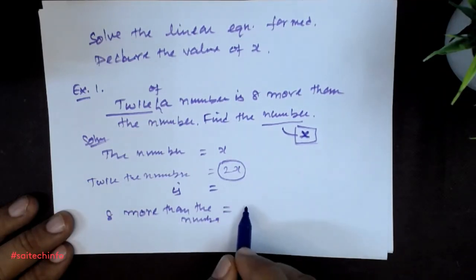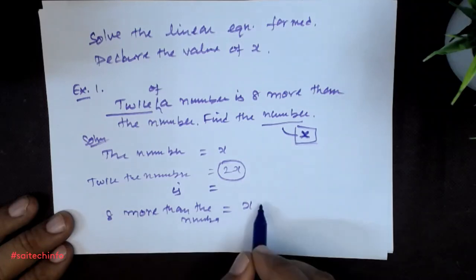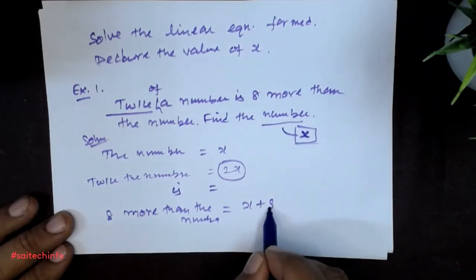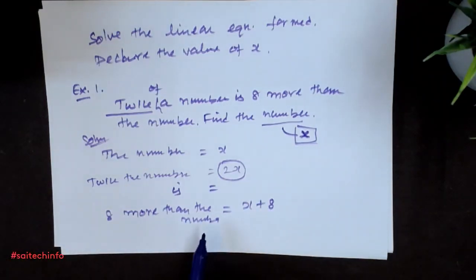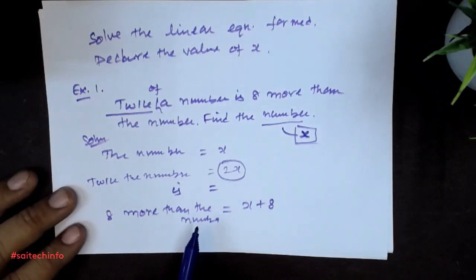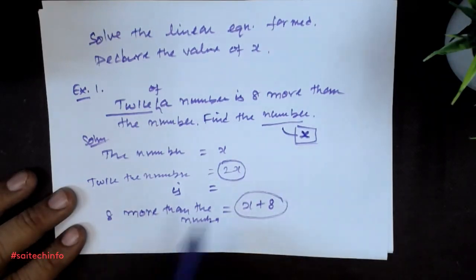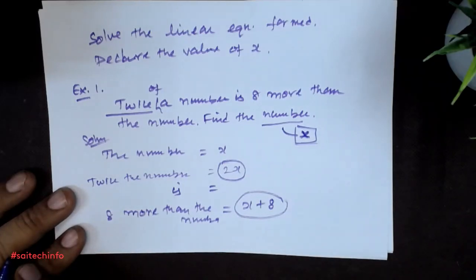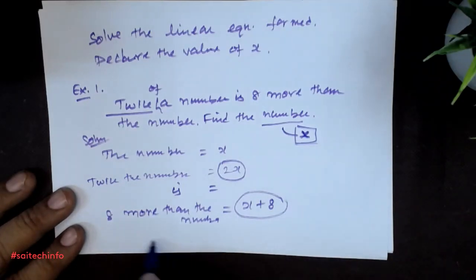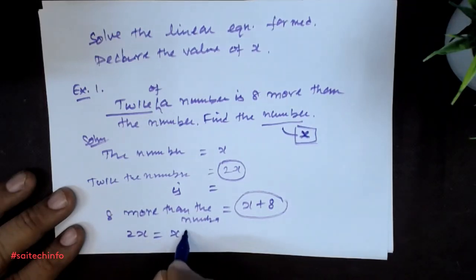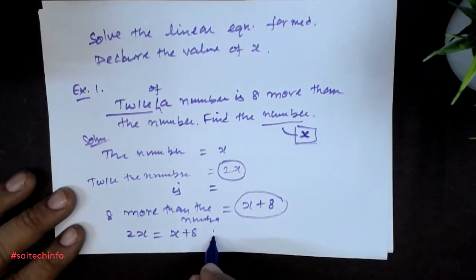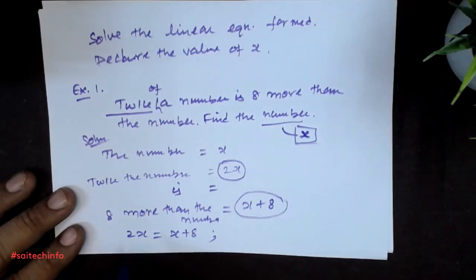It means what is the number? x. More than means plus. How much? 8. So now we are able to establish an equation. That is 2x is equal to x plus 8. Got it? Okay. Now we need to find out what is x. x can be brought this side.